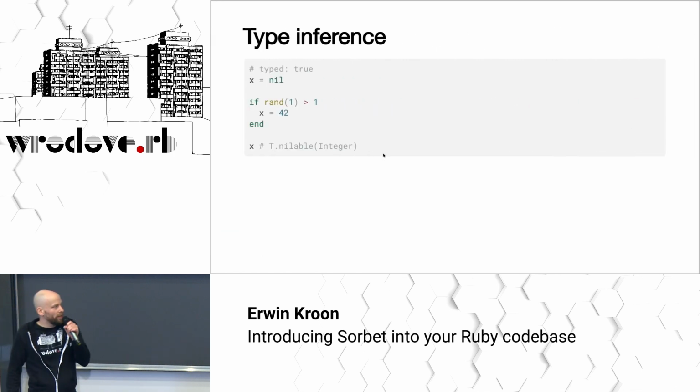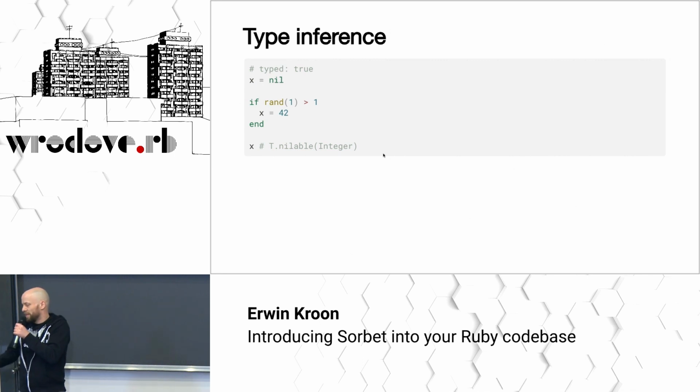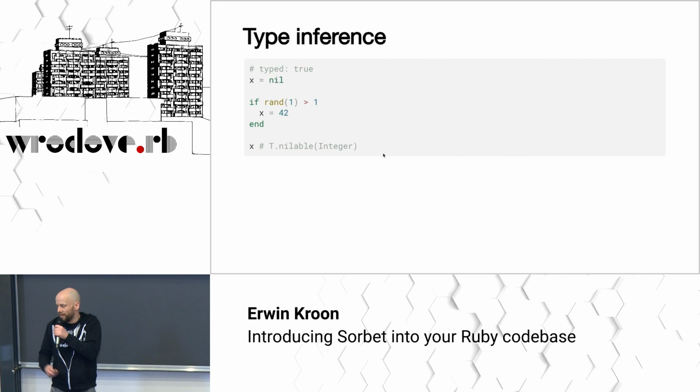And now we get to the part where things get wonky and not super cool anymore, in my opinion. This is type inference. This is a simple thing: if something that's never true, doesn't really matter, then assign. So now this is nillable, because sometimes it's maybe nil, sometimes not.